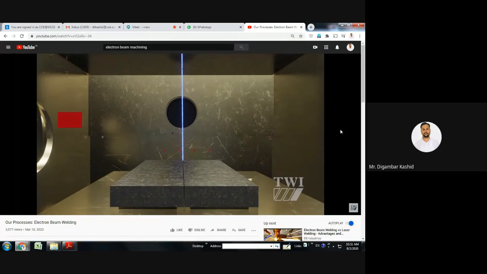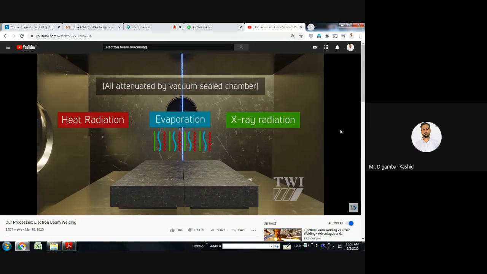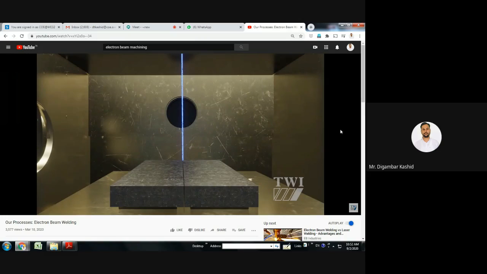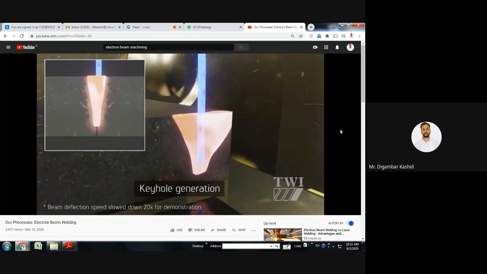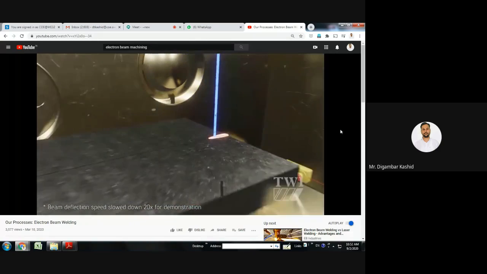And that is the heat radiation. And see now how the holes are generated.